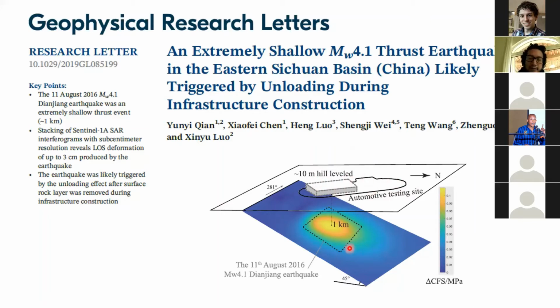Again, this was a pretty shallow earthquake, on a very shallow dipping fault, about 1 kilometer beneath this very big automotive testing site. And the order of magnitude of the Coulomb stresses was on the order of 100 kilopascals. That will be comparable to what Chao will show you later today.